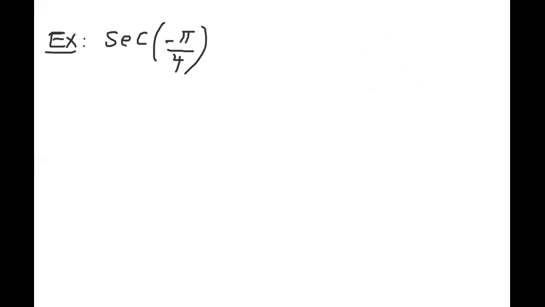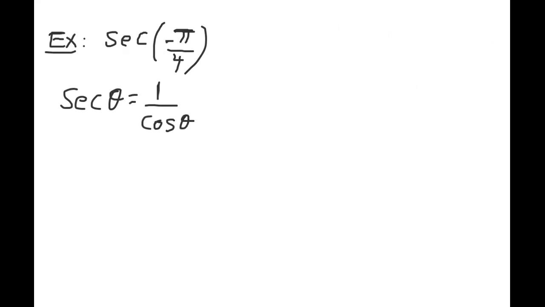How can we find the secant? Okay, so again, the secant function is 1 over the cosine function.